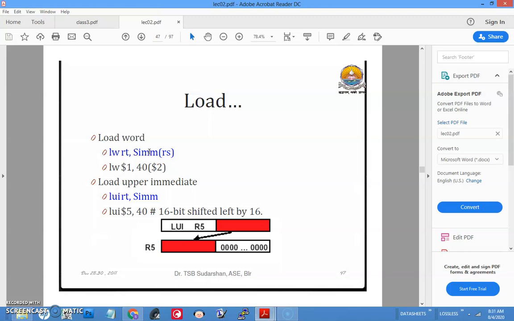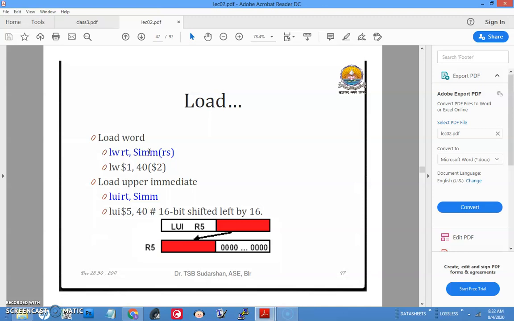The value that you are adding to the base register can be positive or negative. That is what we represent using signed immediate. The next instruction is loading the register $1 with the content obtained by adding 40 to the base register. That is how we have to understand it.